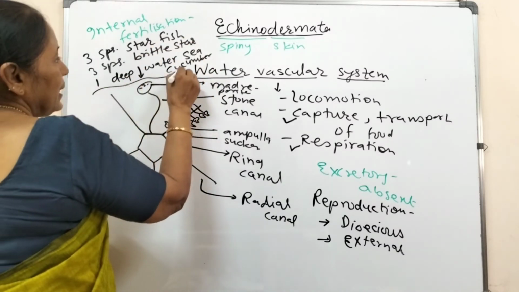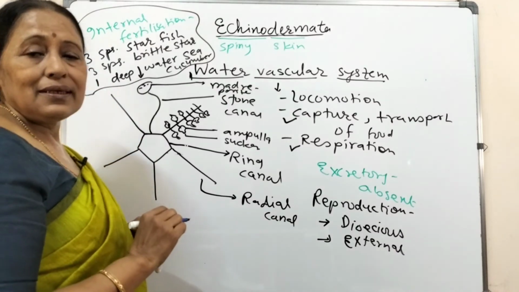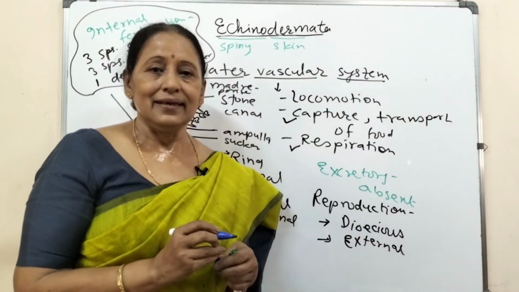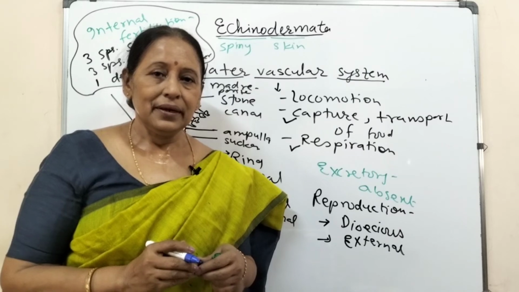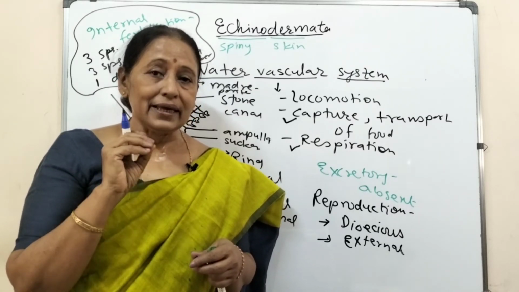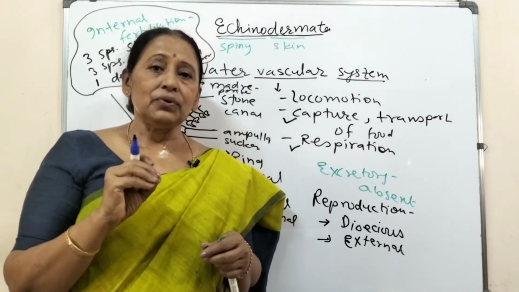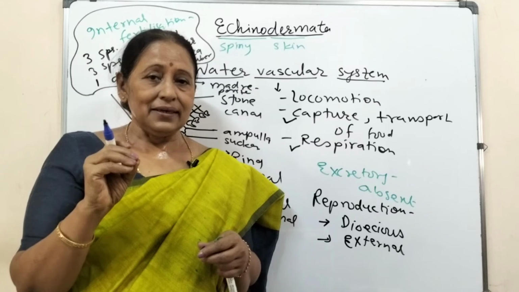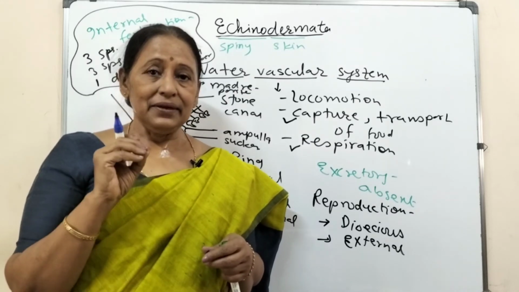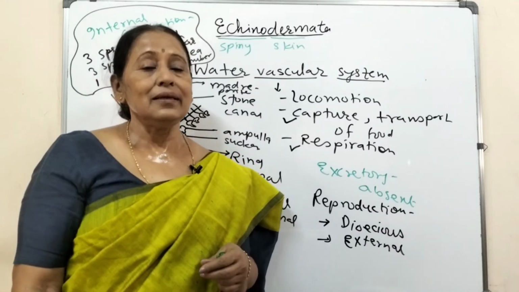You may ask why I am giving this one. Because it is a guided question in NCERT. When it is given that fertilization is usually or mostly external, that means NCERT wants you to explore in which species internal fertilization is present.